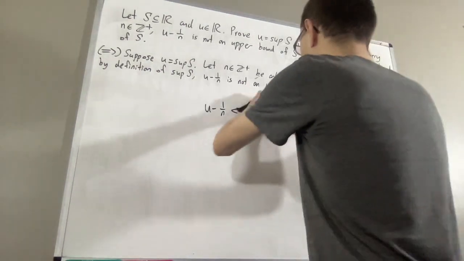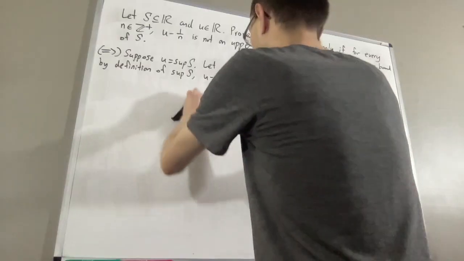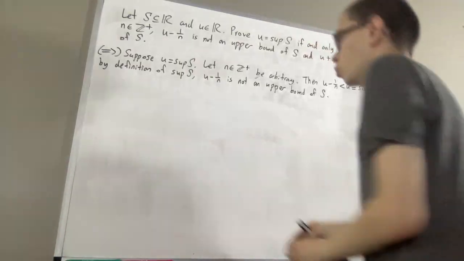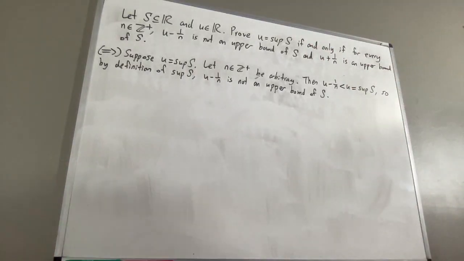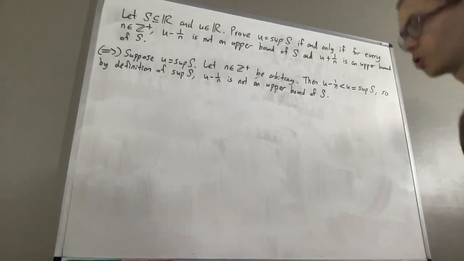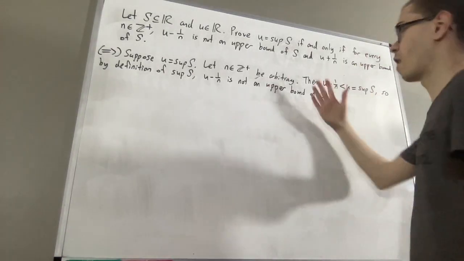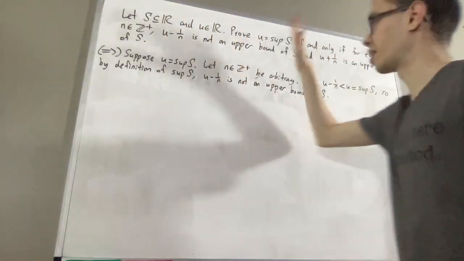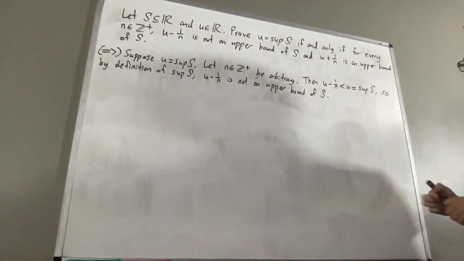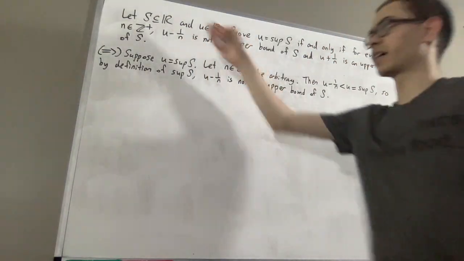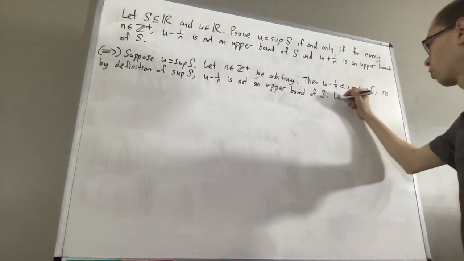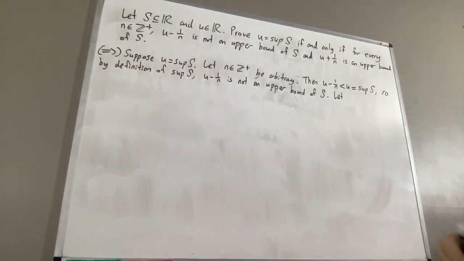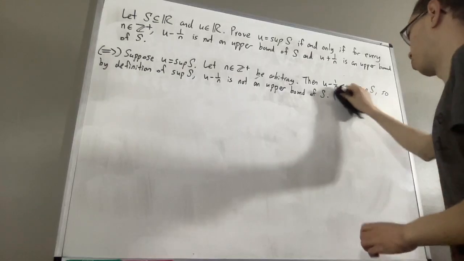Now we want to show that U plus 1 over n is an upper bound of S. Here we will refer to the definition of an upper bound. So we want to show for every x in S, x is less than or equal to U plus 1 over n. So let's give ourselves an arbitrary x in S. Actually, we'll be able to show this pretty quickly.